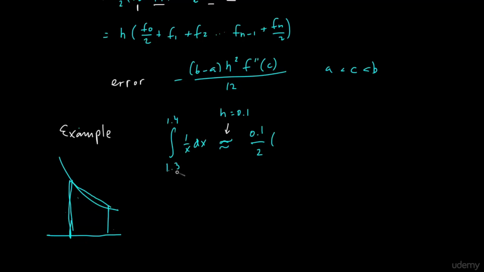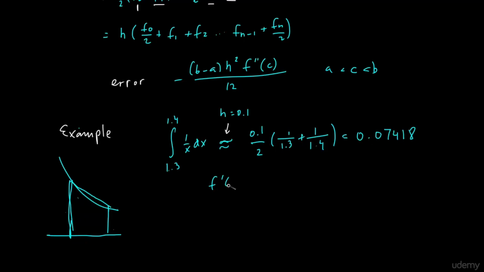So we plug in 1.3 here, we plug in 1.4 here, we get 1 over 1.3 plus 1 over 1.4, and we get the value of 0.07418.